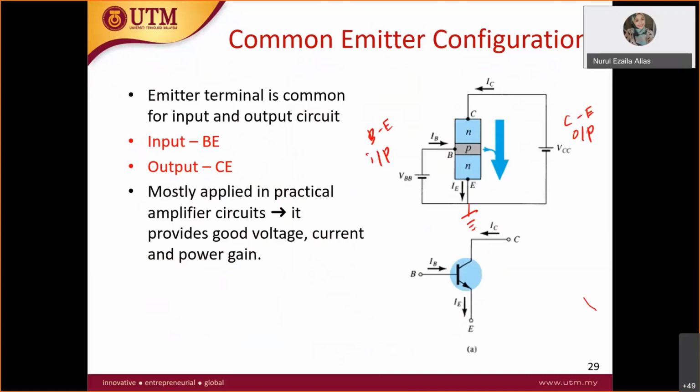This is how your circuit looks. In order to make it work in forward active mode, you connect base to emitter forward biased and collector to emitter reverse biased. This is how you connect it.